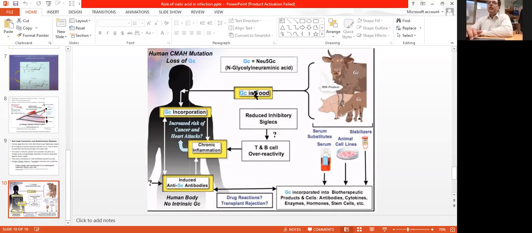Similarly, you are not just taking it as food. We are using different products coming out of the animal industry. For instance, serum substitutes of animal origin, or the animal cell lines that we are using. We are producing different types of vaccines and different products in animal cell lines.